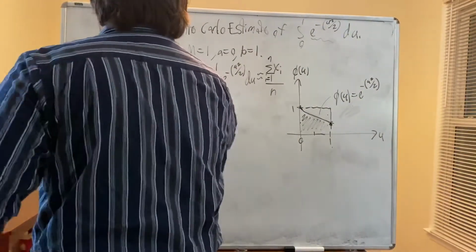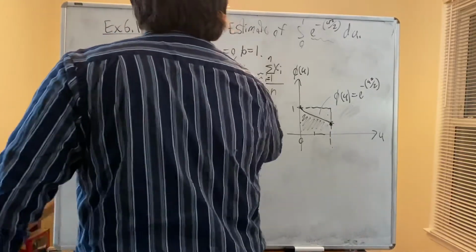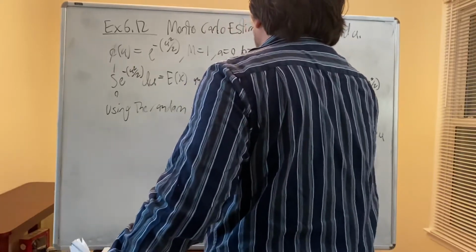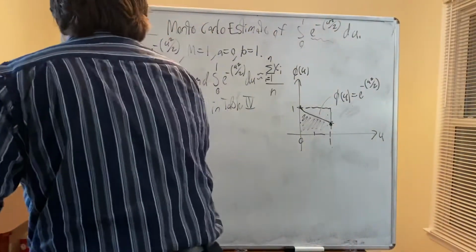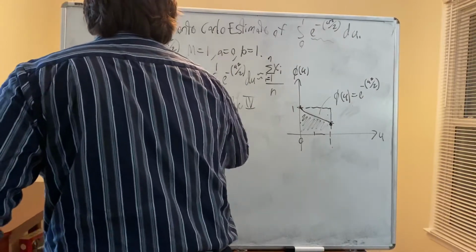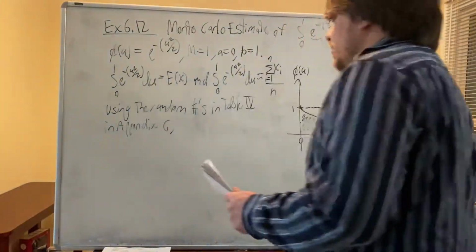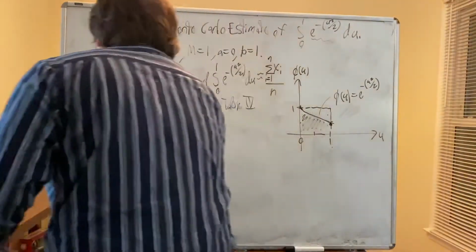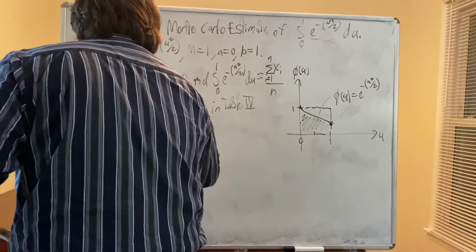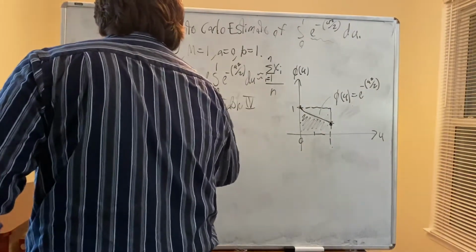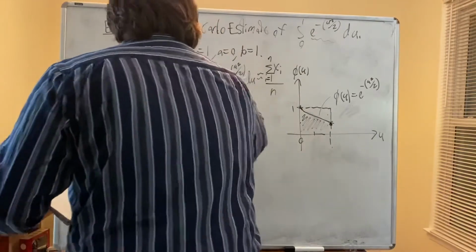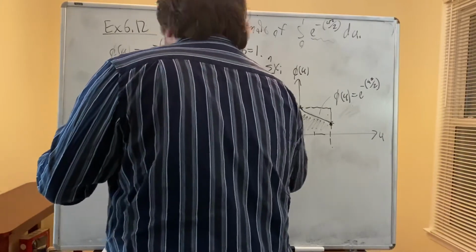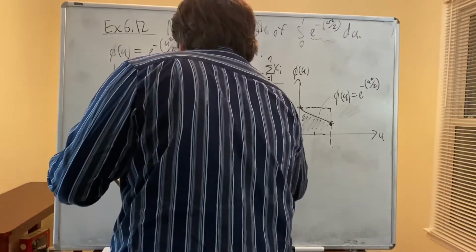So using the random numbers in table 4 in appendix C, this definite integral is approximately the sum from i equals 1 to 17 of x of i over 17.